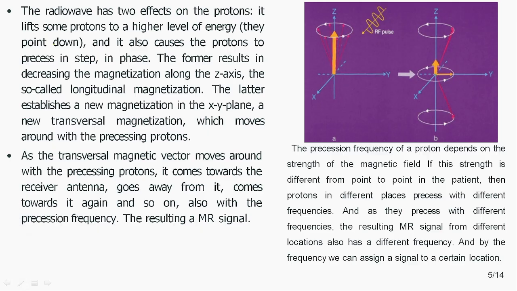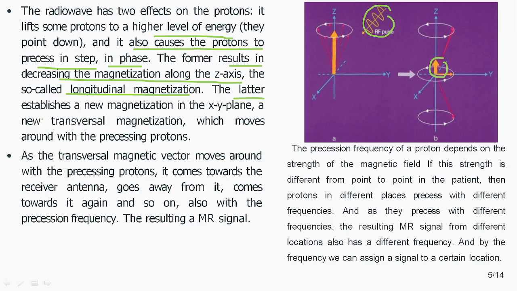These radio waves have two effects. It lifts some protons to a higher level of energy, and it also causes the protons to precess in step, in phase. The former results in decreasing the magnetization along the z axis, as I have shown here, the so-called longitudinal magnetization. So that means if the RF pulse is applied in resonance, the longitudinal magnetization will be reduced.